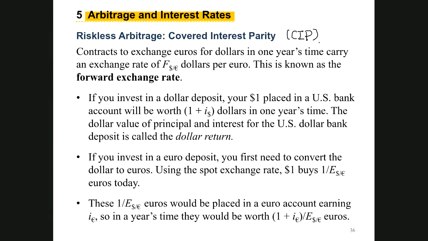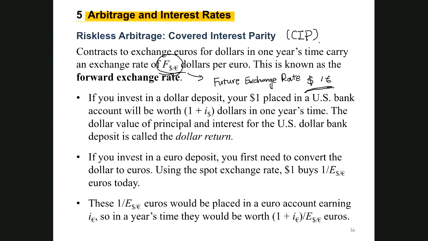So in contrast to exchanging euro for dollar today, carry an exchange rate for F. We're using F as a future exchange rate between dollar and euro. Right? So this means what? This means the forward exchange rate in a year, in 1 year.